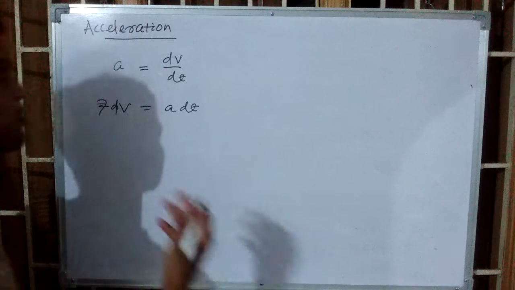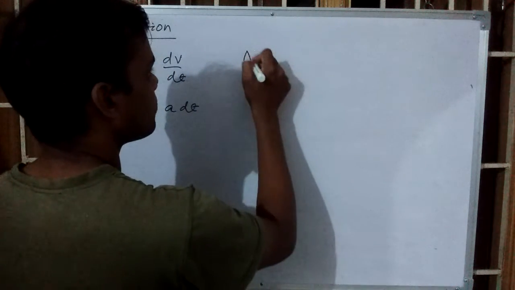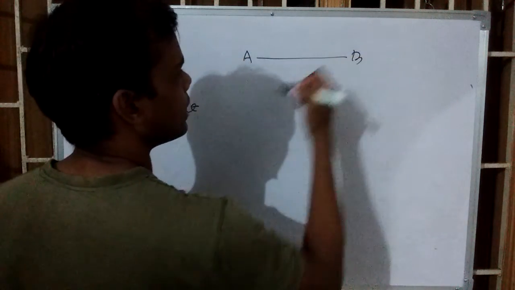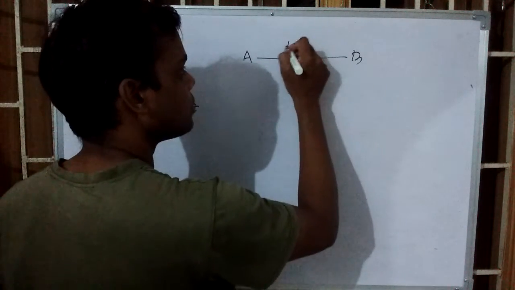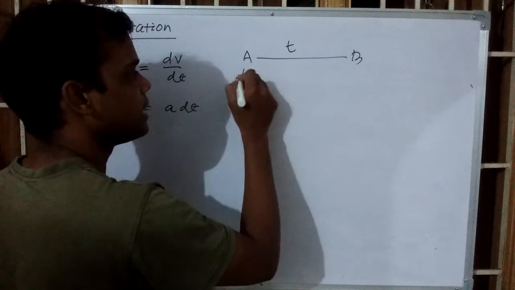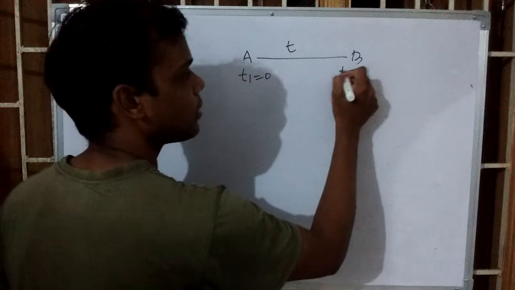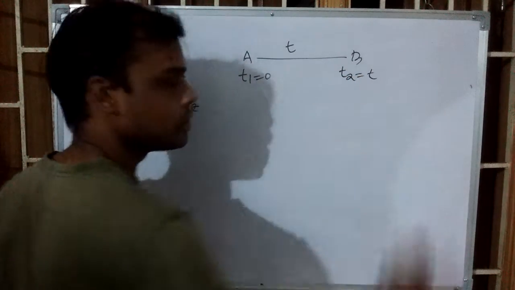Okay, now suppose a body started from A and reached B. For traveling from A to B it took time t, that means t1 is equal to 0, t2 is equal to t.